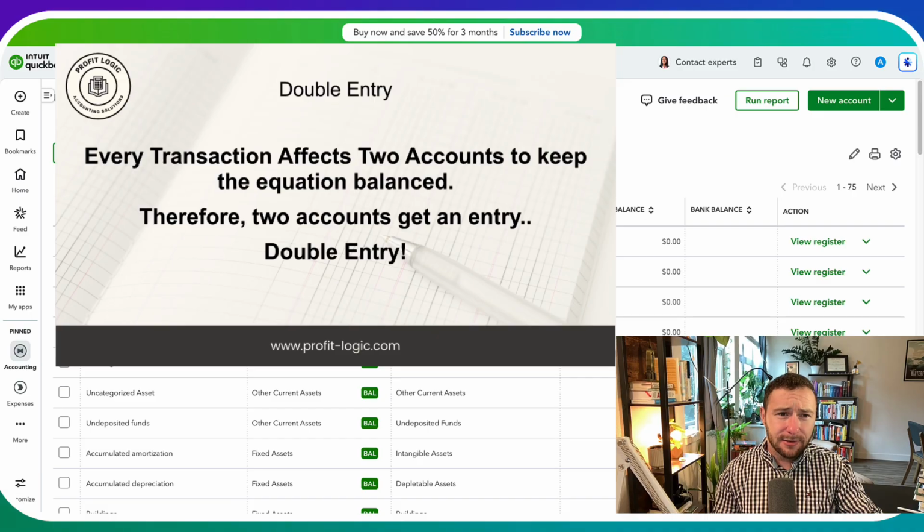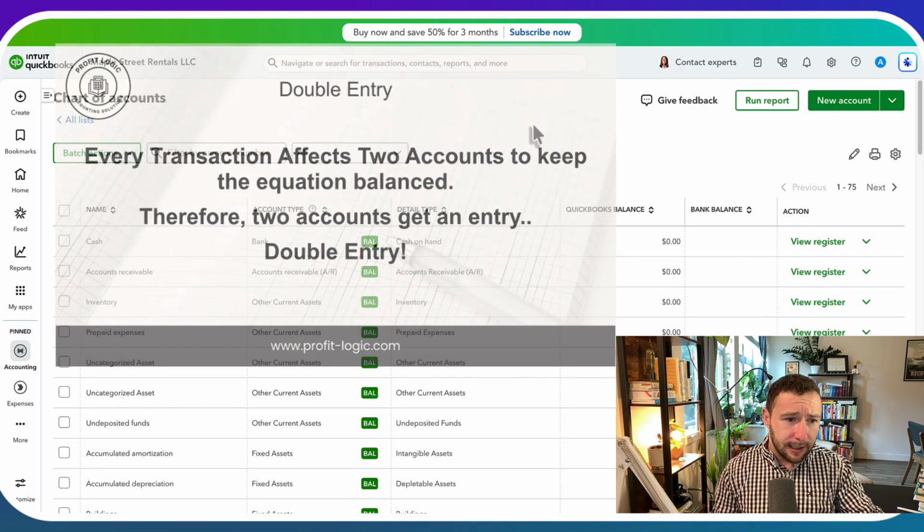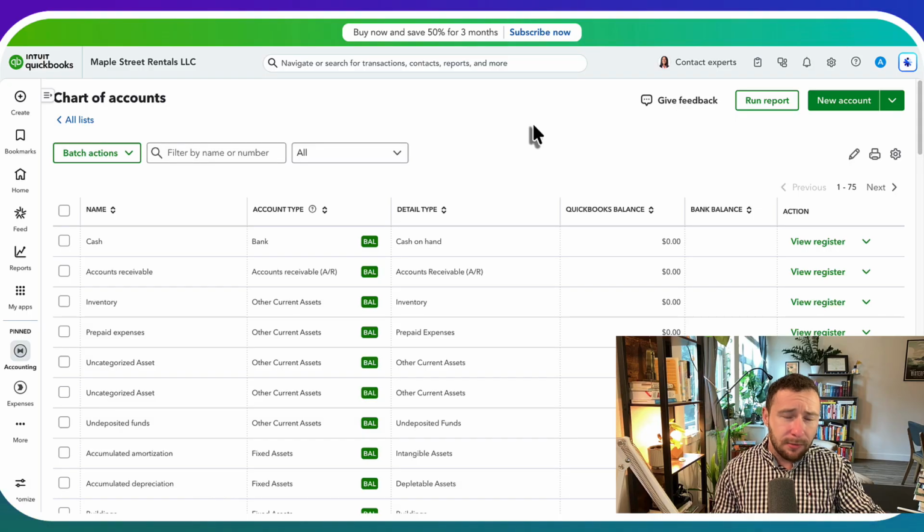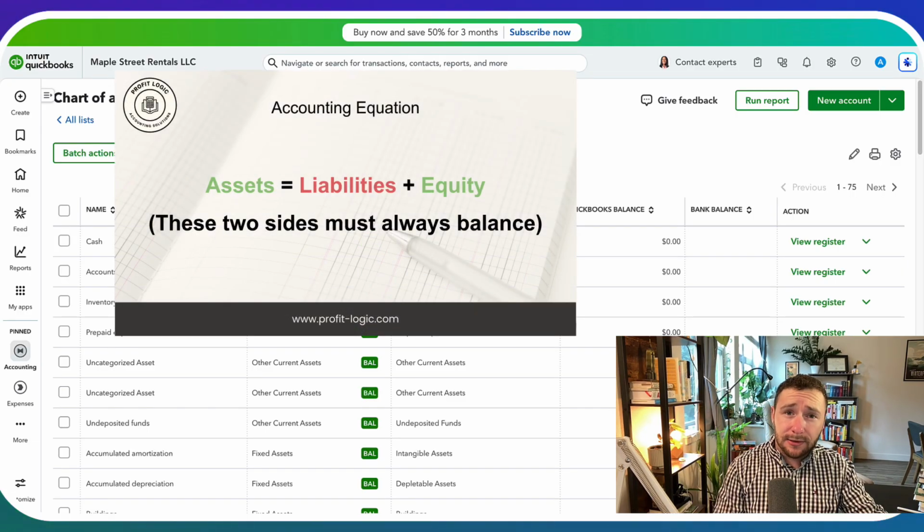And you're going to be asking yourself, what does that mean? So double entry accounting is dependent on a certain equation called the accounting equation. And that equation means assets equals liabilities plus equity.